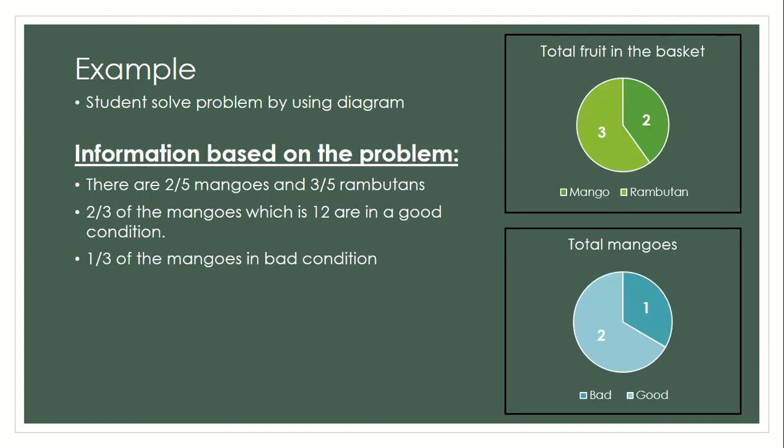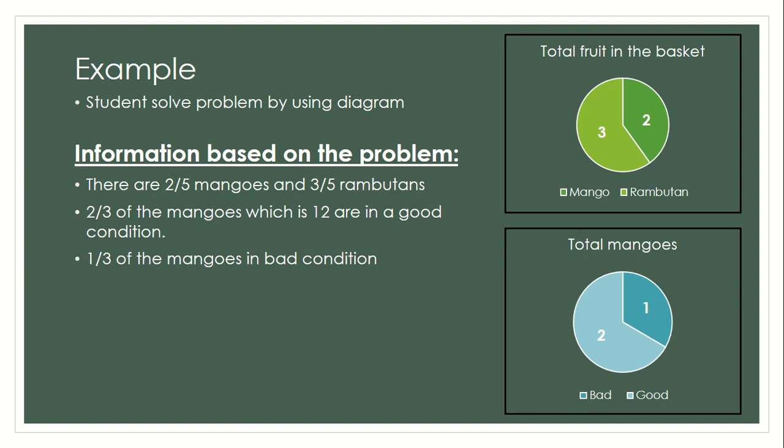For example, students may draw a diagram to solve this problem. To start, students need to extract all the information from the problem. This is the information they got from step 1: there are 2/5 mangoes and 3/5 rambutans.